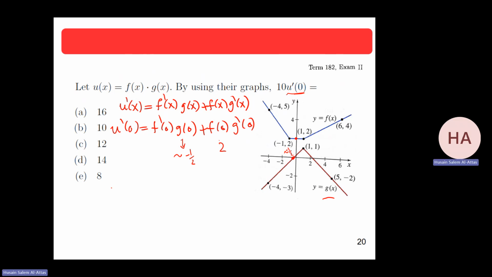Now, what is f prime at 0? Yeah, we need to be careful. Now, this is the line. So what is the tangent line? It will be a horizontal tangent line. So the derivative will be 0. Also, if you take 2 points, if we take these 2 points, you will get 0.